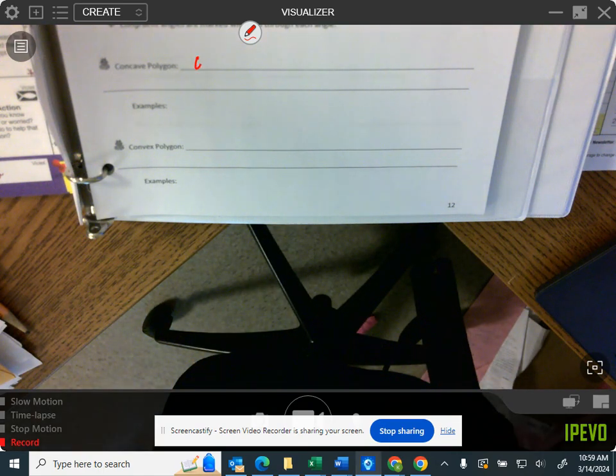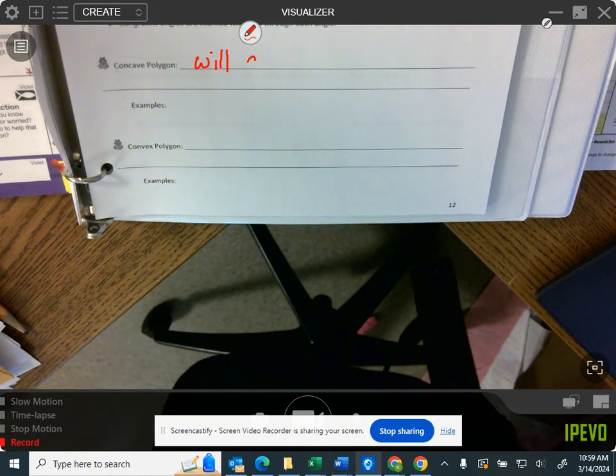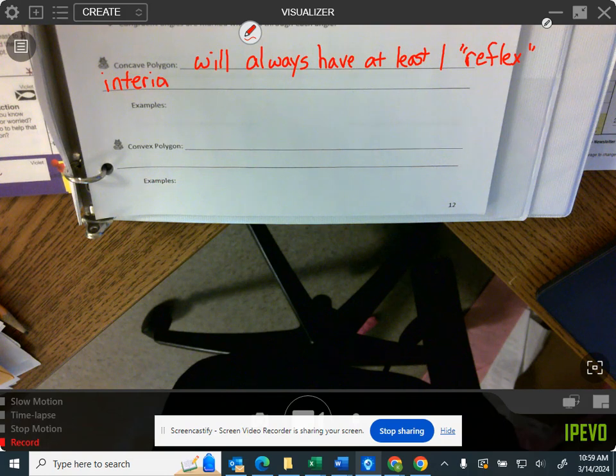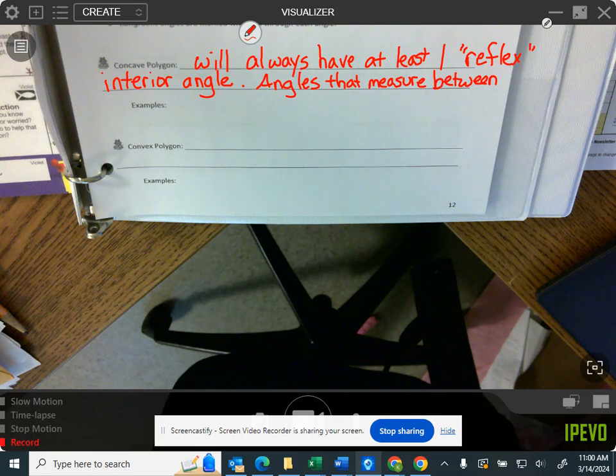Concave polygons will always have at least one interior angle, which is angles that measure between 180 degrees and 360 degrees.